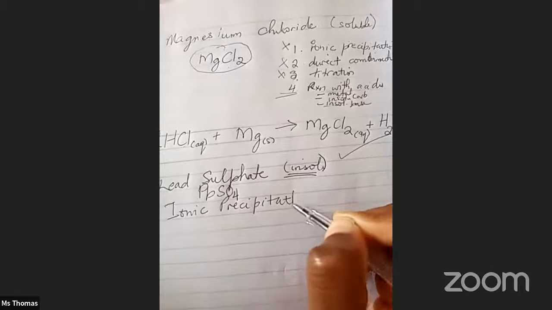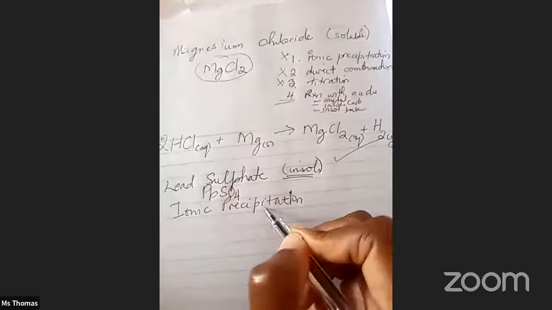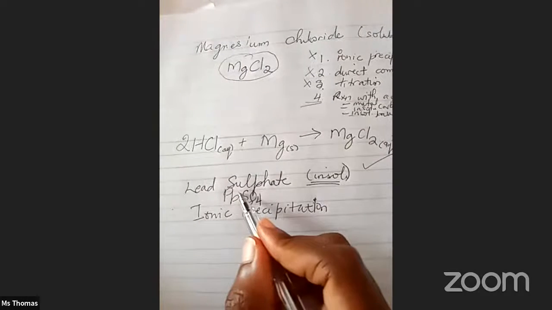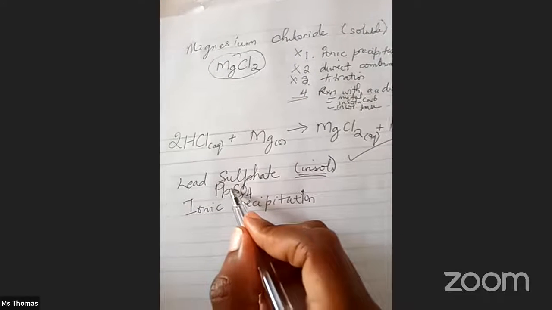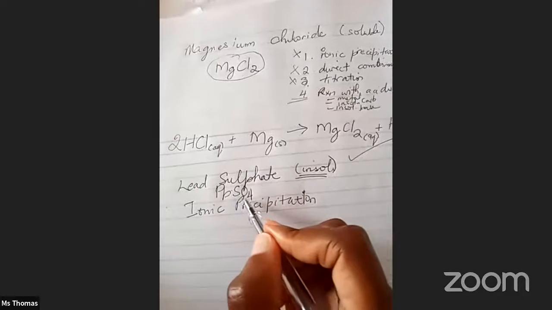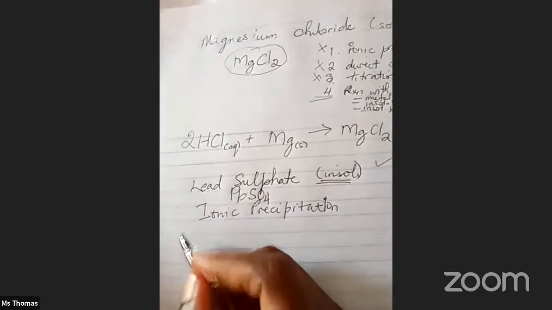In ionic precipitation, you're going to take 2 soluble salts and make your insoluble salt. So tell me, one of the salts must contain the cation or lead, and the other salt must contain the anion or sulfate. So tell me 2 salts I can use.